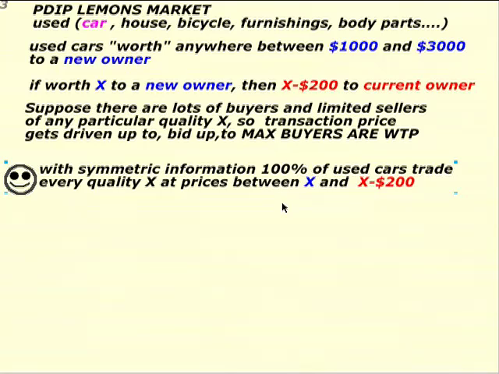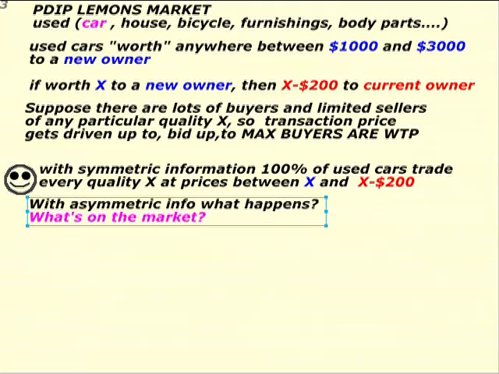But the difference in the values they place is always going to be $200. But the car of that quality or that value to the buyer should trade somewhere between X, the maximum the buyer is willing to pay for it, and X minus 200, which is what the seller would supply it for.